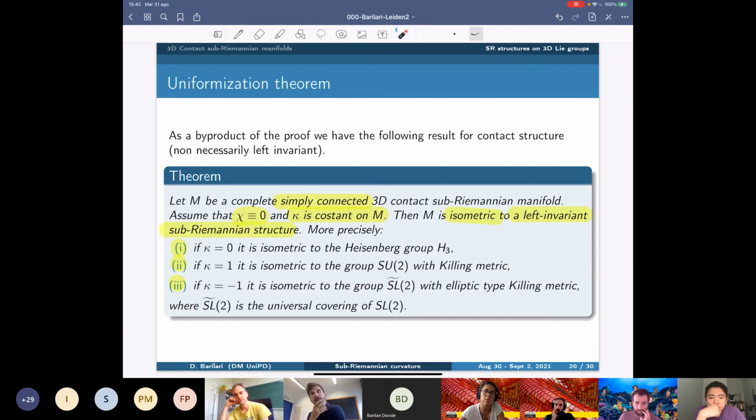The completeness is also needed to be global here. So it's just a kind of technical assumption to conclude a global result, together with simply connectedness. So if you wish a local result, I think you can remove them, if I'm not wrong. Thanks.